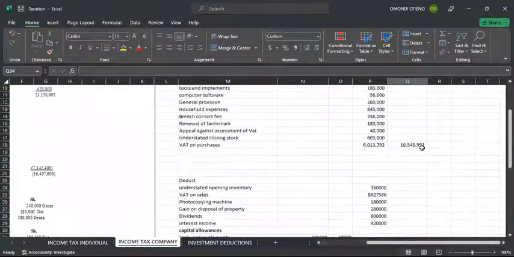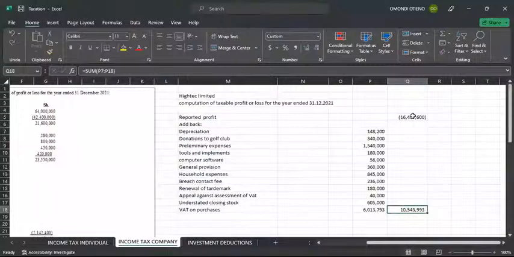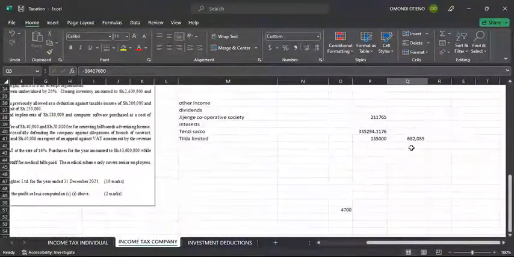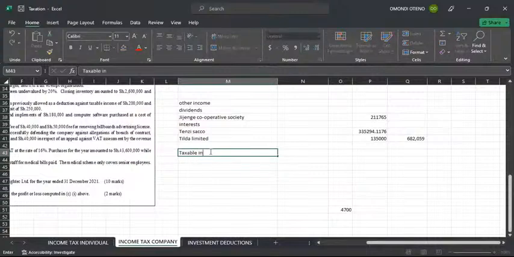Then you come up here. This one here was what you are adding back. Then you adjust with the reported profit. So what are we going to have as the net value? What you are going to have down here will be the taxable income.